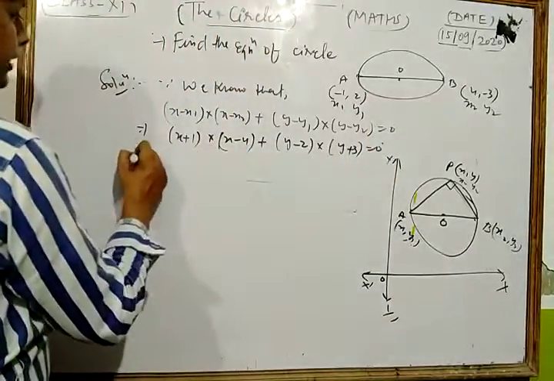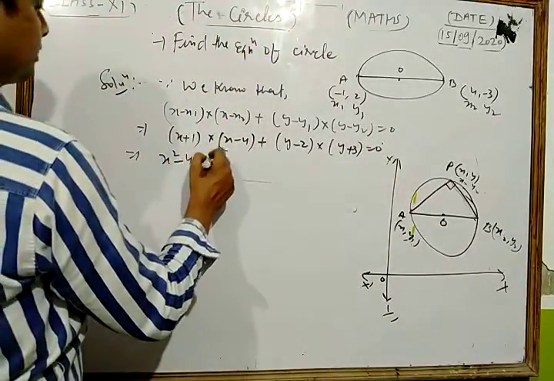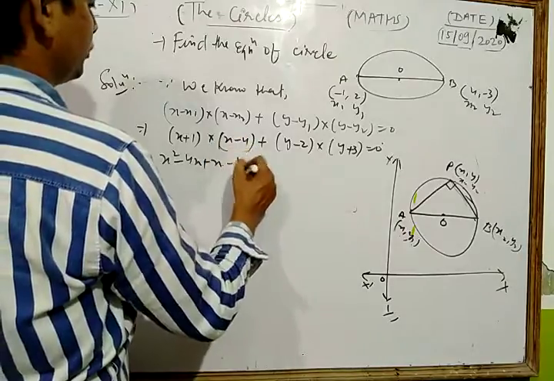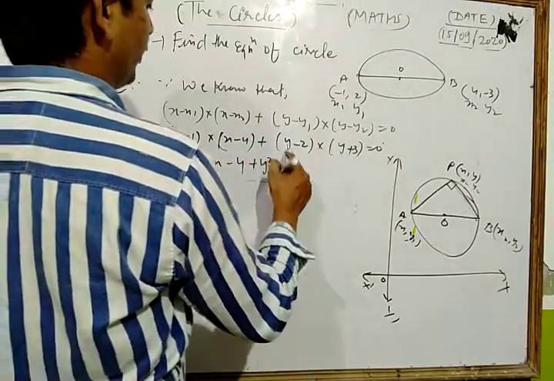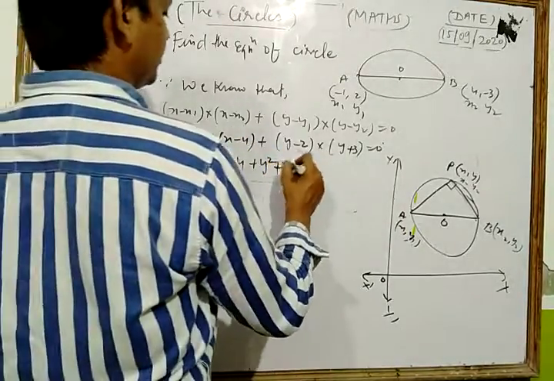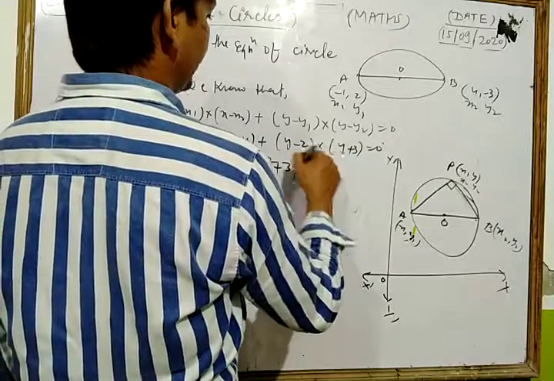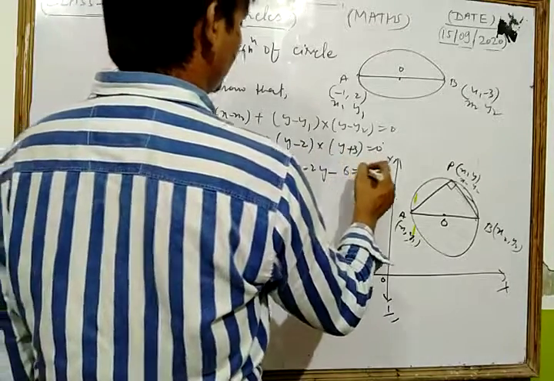Now we multiply them and we get x square minus 4x plus x minus 4, plus y square plus 3y minus 2y minus 2 times 3 is 6, is equal to 0.